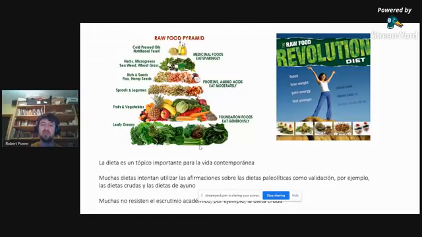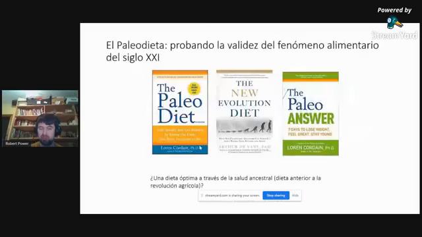Another even more famous example is the paleo diet, which has gone so mainstream at this stage. And in fact, as far as I understand, the word paleo diet is even copyrighted by certain researchers in the United States.